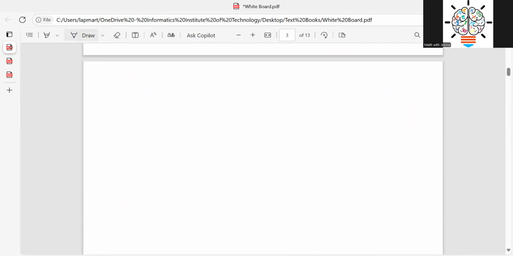Let's say, children, you have something like this. 23, you want to multiply by 20. Now what I do, I write 23 as it is, and I expand 20. How? 2 times 10. Then what I do, I multiply 23 by 2.